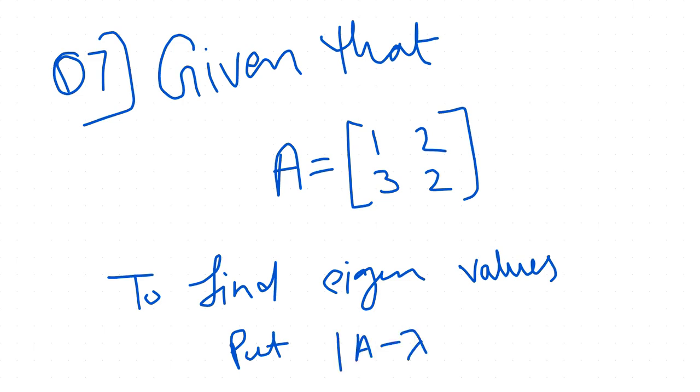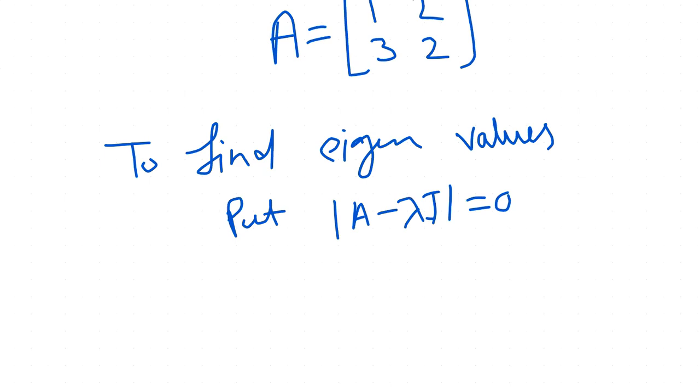But to find the determinant, we first need to find the matrix A minus lambda I. So let us find A minus lambda I, where A has elements 1, 2, 3, 2, minus lambda into I.